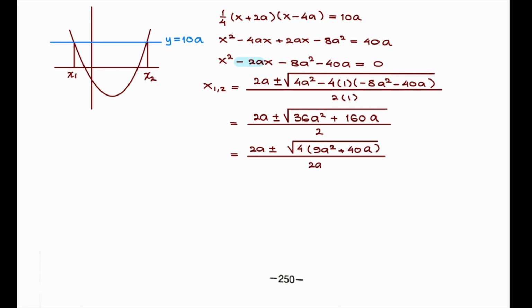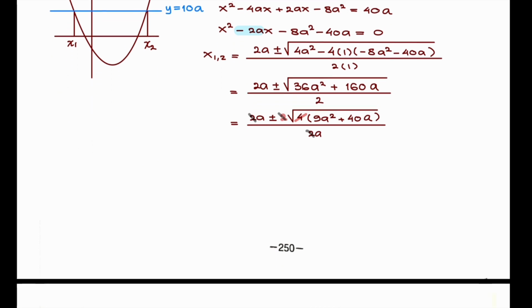So I can move the 4 here, it becomes 2 there, and then I can cancel out 2. So my final answer is a plus minus square root 9a squared plus 40a over a.